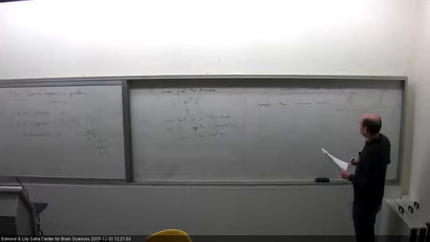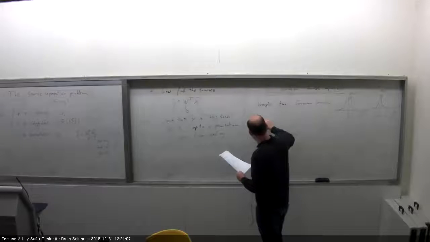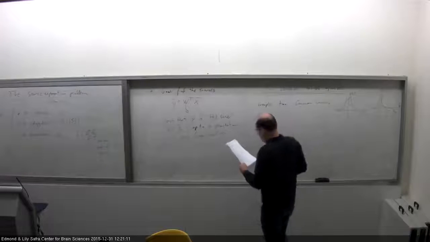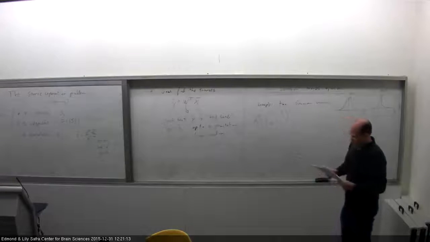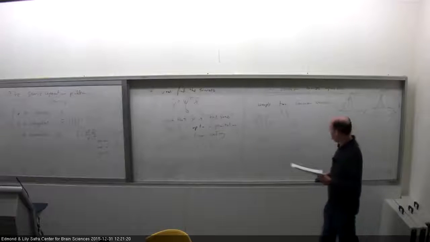Both Gaussian. And now let's imagine that my matrix A transpose is the following matrix: 1, 1, 0, 1. What does this mean?